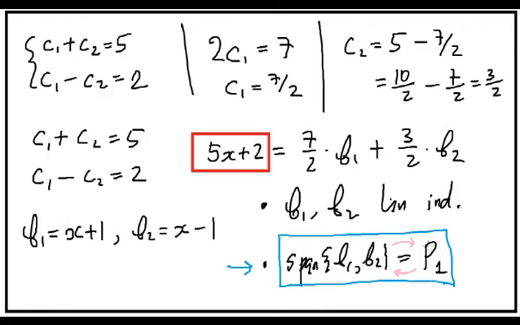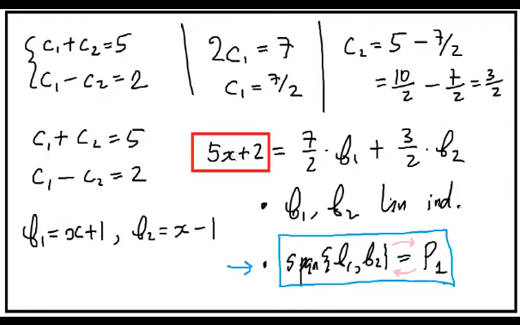So in order for us to check that they're equal, we also want to establish that P1 is inside span b1, b2. And to establish that, we would pick any vector in here and check if it's in the other one. And being in the other one means being a linear combination.